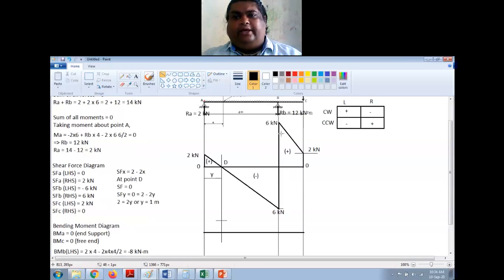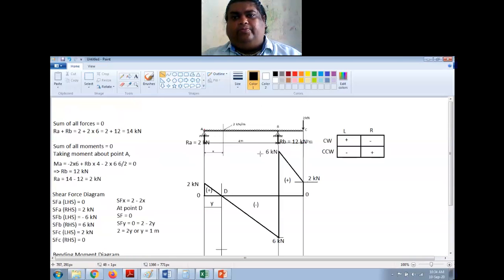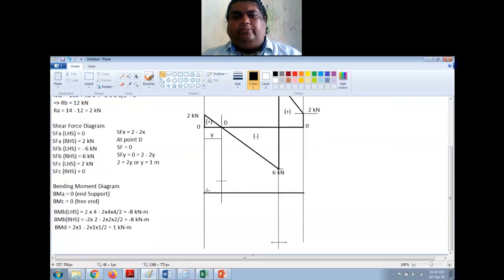Now everywhere I have UDL, the entire length I have UDL, so it will be a parabolic curve throughout.